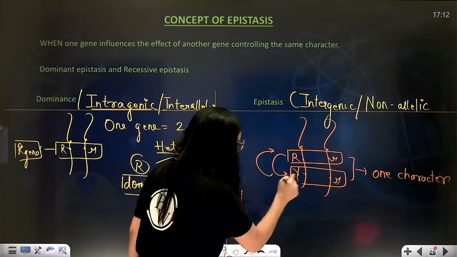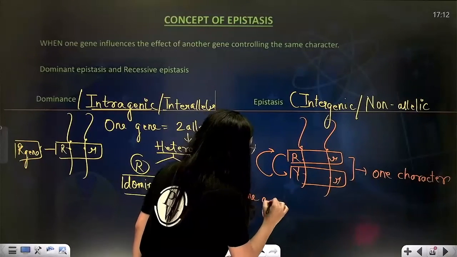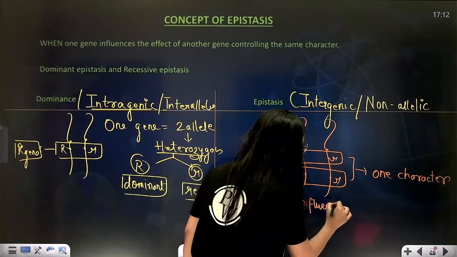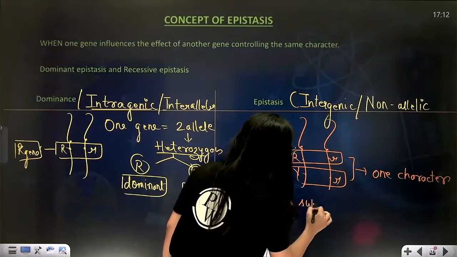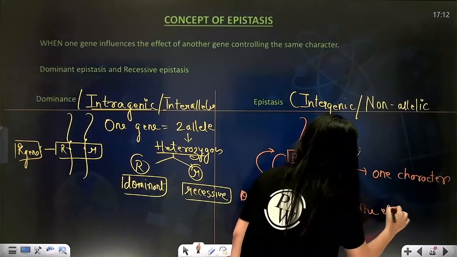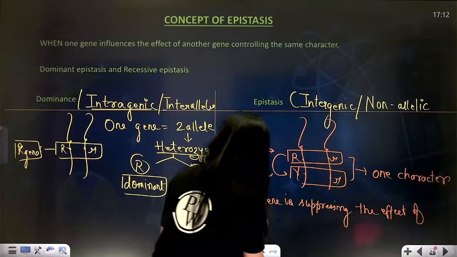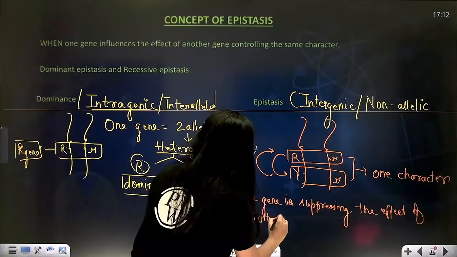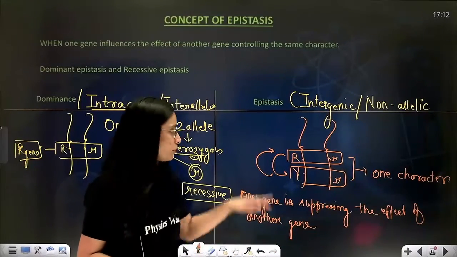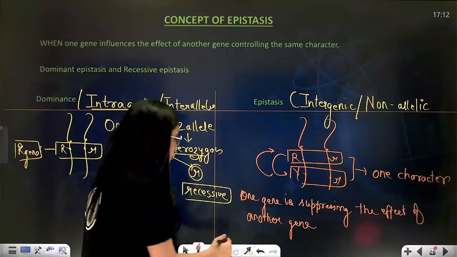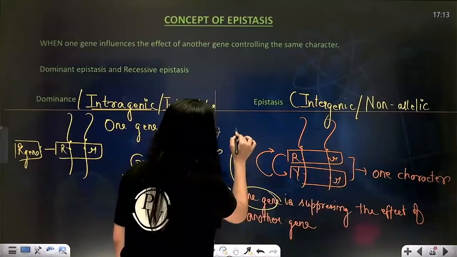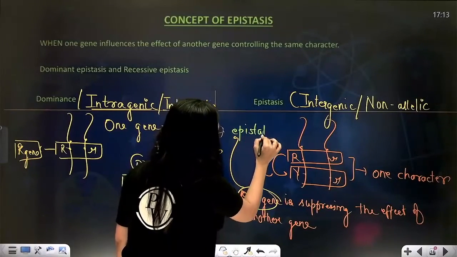In case of epistasis, one gene is influencing, or you can say is suppressing, the phenotypic effect of another gene. Right? Now, the gene which is suppressing, suppose R is suppressing the effect of Y, is known as the epistatic gene.